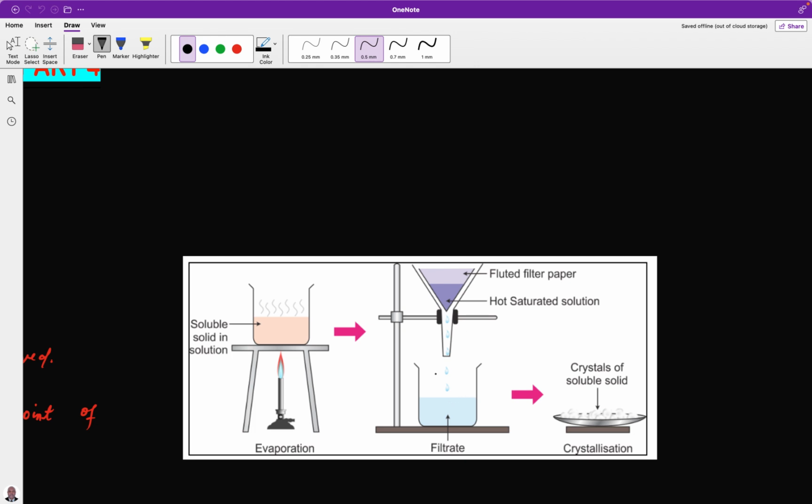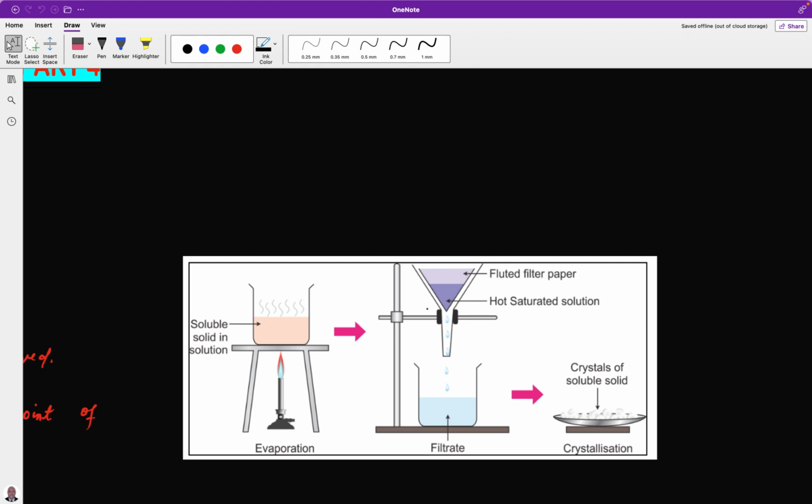And this filtrate, remember that when cobalt-2 carbonate reacts with dilute acid, what is going to be formed is cobalt-2 sulfate. It's a sulfate salt that is going to be formed.